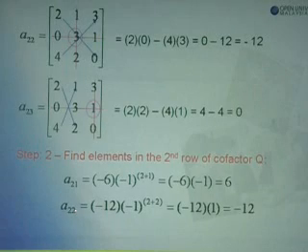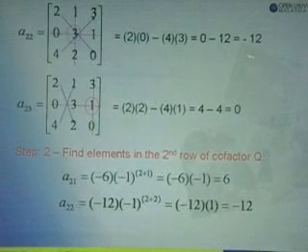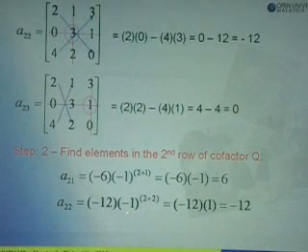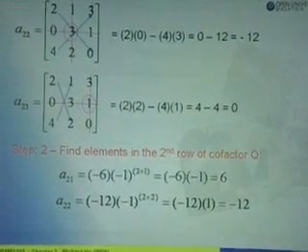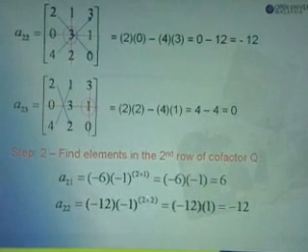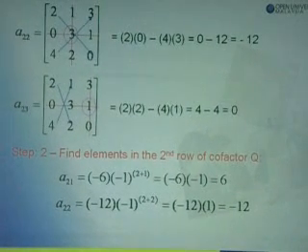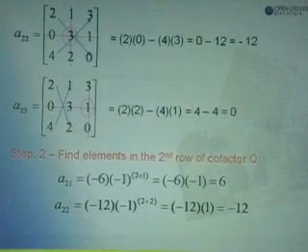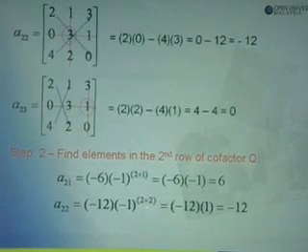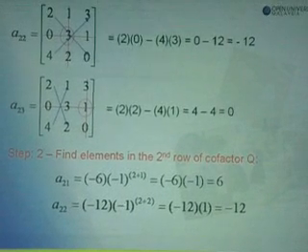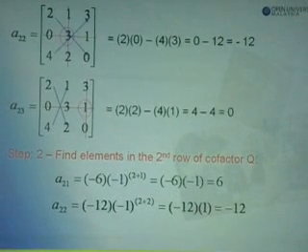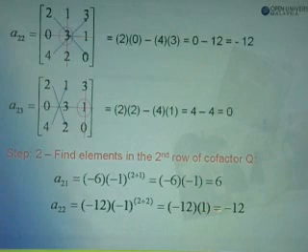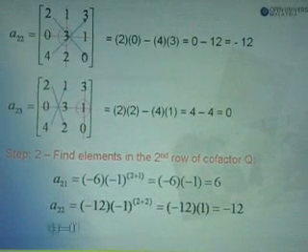And then for the second element, which is negative 12 just now, negative 12 times the formula negative 1 to the power of 2 plus 2. Since 2 plus 2 is 4, which is an even number, the negative becomes positive. So we have 1 times negative 12 equals negative 12.